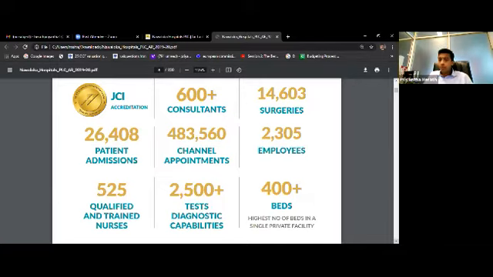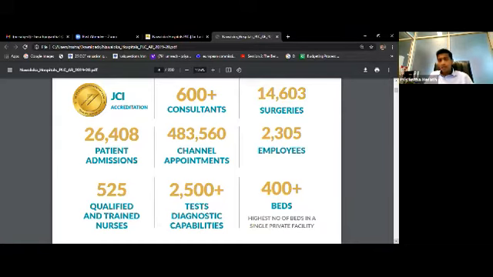But in the case of a hospital, remember, the main criterion that we use to measure the size of the organization is the number of beds. So they say the highest number of beds in a single private facility.